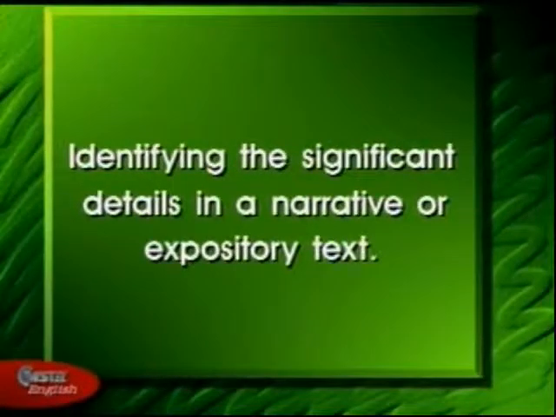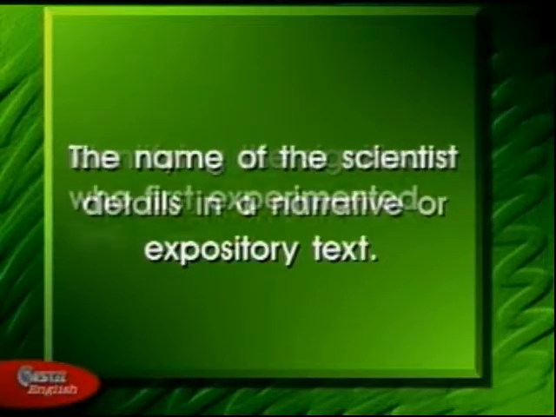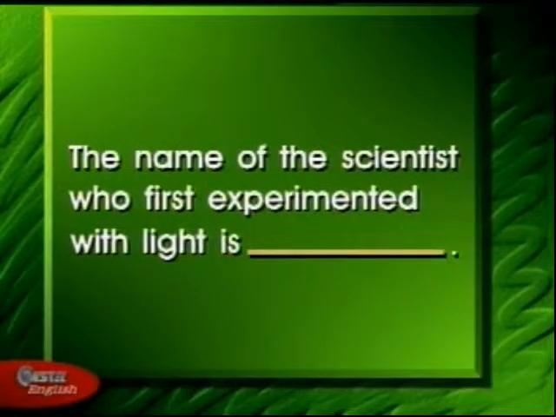First, identifying the significant details in a narrative or expository text. Here is an example of a supply type of item. The name of the scientist who first experimented with light is blank. For sure, the answer to this type of item is explicitly given in the text.